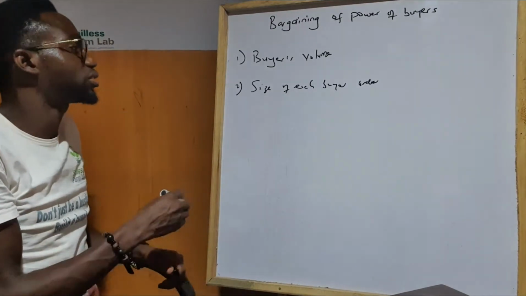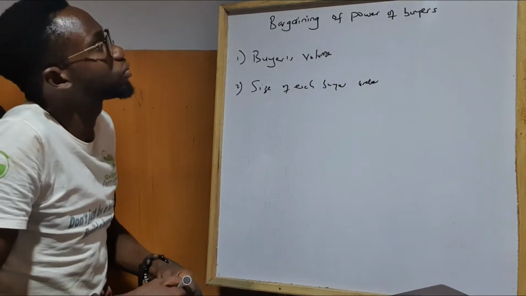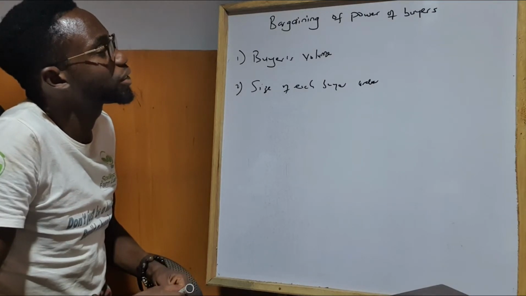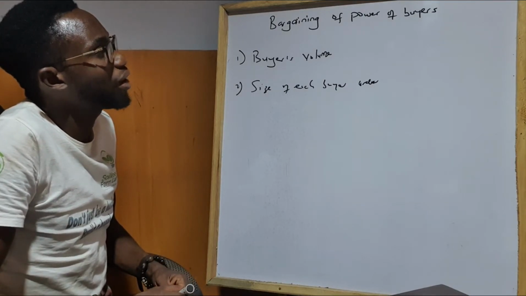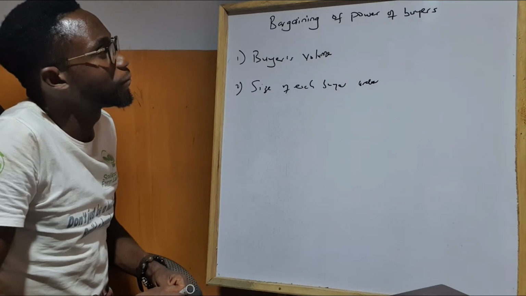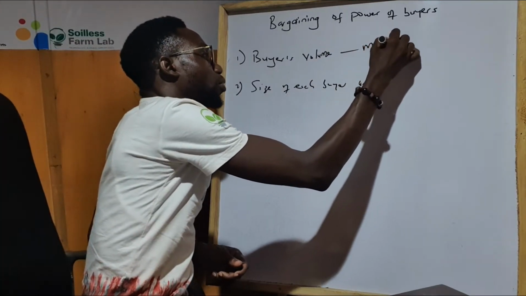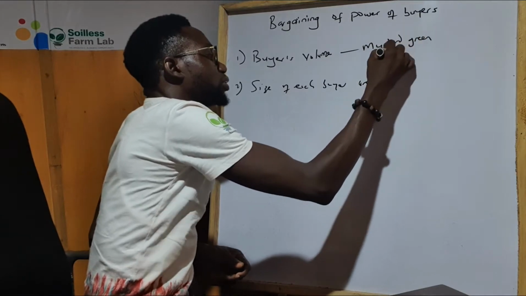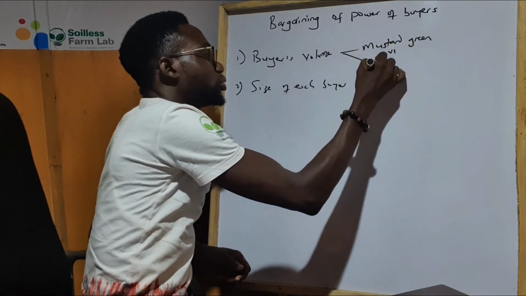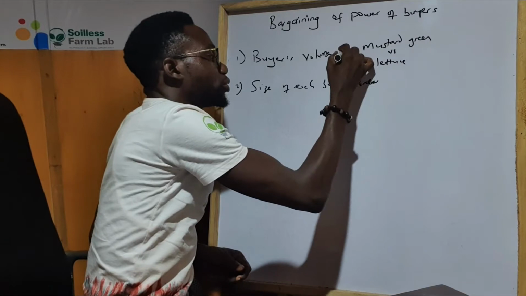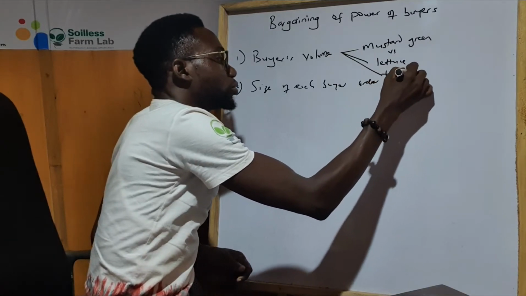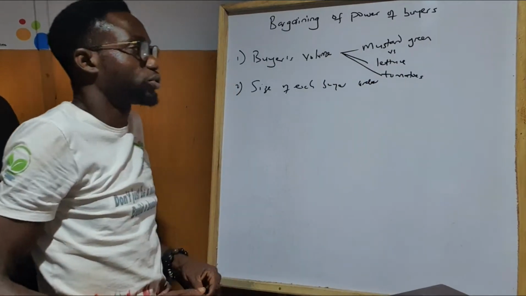So take for instance, let me look for a crop that we do not have too many buyers for on the farm. Mustard green, for example. Let me compare that to lettuce and compare that to tomatoes.